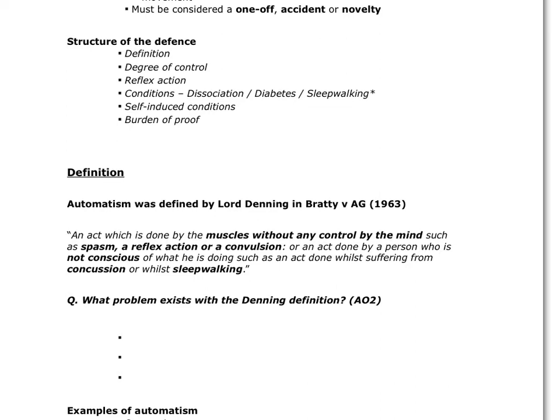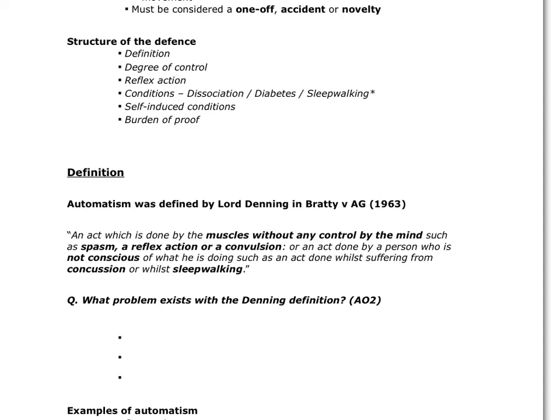So an act which is done by the muscles without any control of the mind, such as a spasm, a reflex action or a convulsion. Or an act done by a person who is not conscious of what he is doing, such as an act done while suffering from concussion or while sleepwalking. So very old definition, totally non-medical, but that's the definition that's been there since 1963.